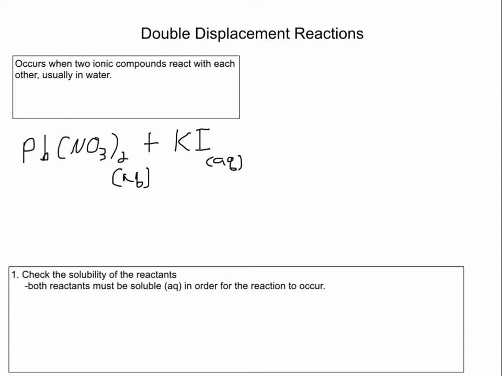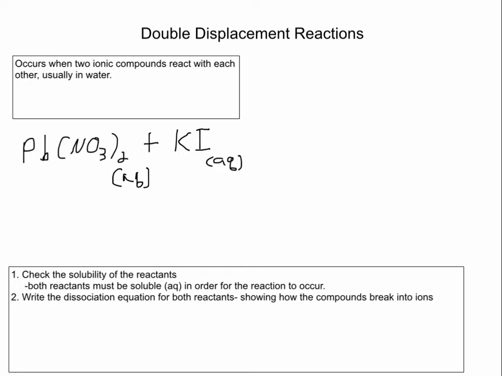The next step is to write the dissociation equation for both reactants. And this is just showing how the compounds break into ions.